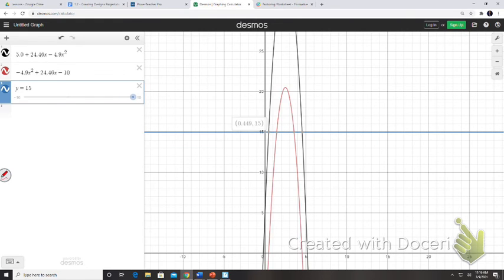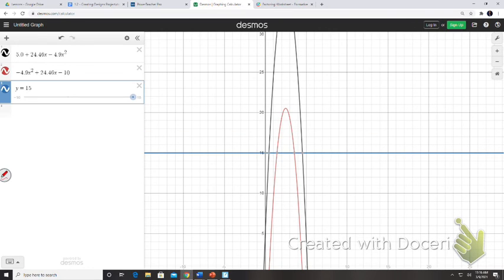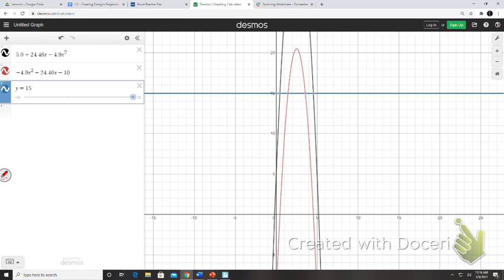So we could either find the intersection points between our original function and whatever height we're concerned about, or we could find the zeros. Note that they have the same value: 0.449 and 4.543. So there's two ways to solve for that one.